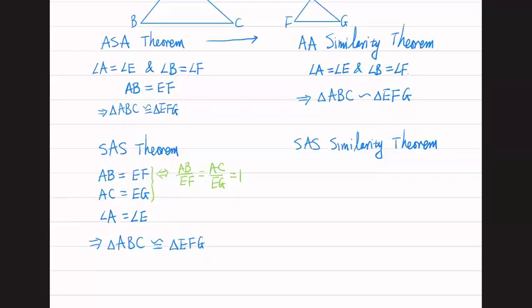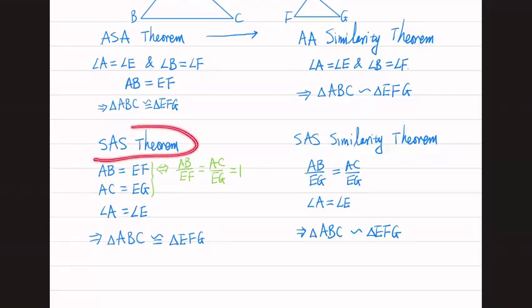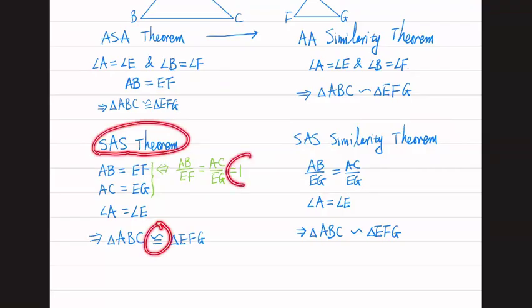So the similarity theorem. You should see the difference and connections between the two theorems. For the SAS theorem about congruence, the ratio is 1.